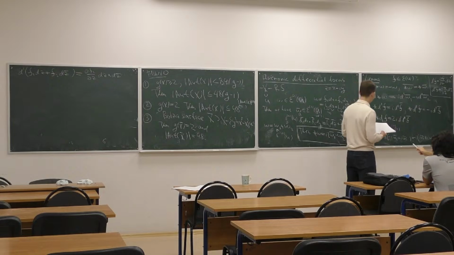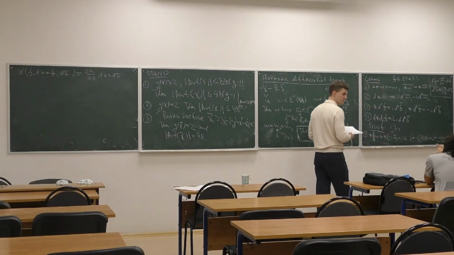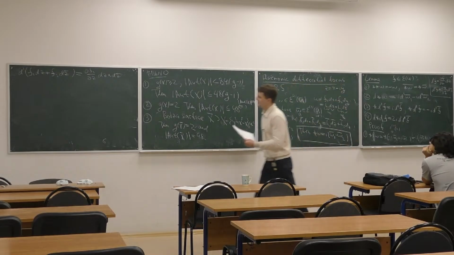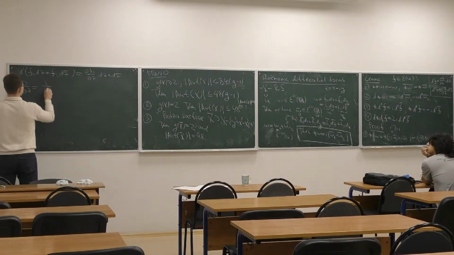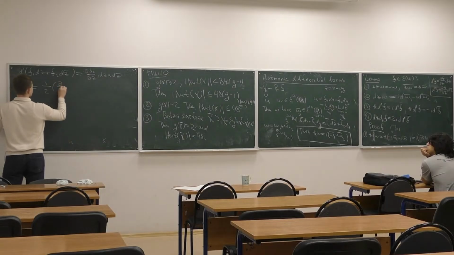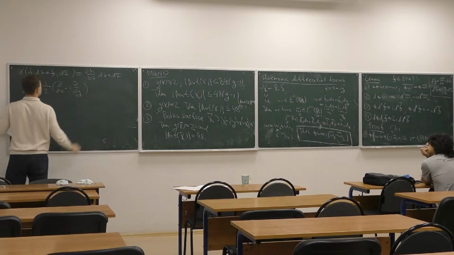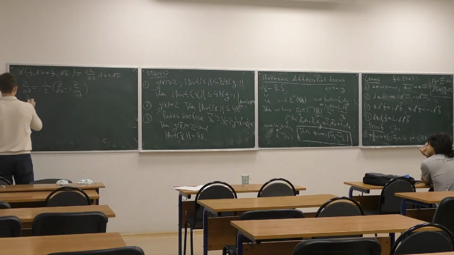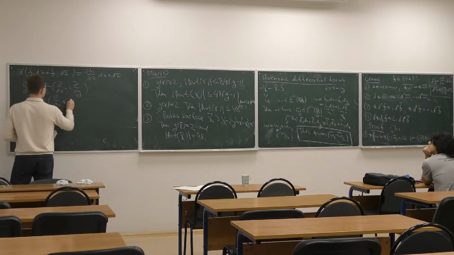I have a question, because dz bar is not the same as dz bar, I mean, with the bar over. No, it's the same. But okay, let me recall, of course. So d over dz is 1/2 (d dx minus i dy), and d over dz bar is 1/2 (d dx plus i dy).